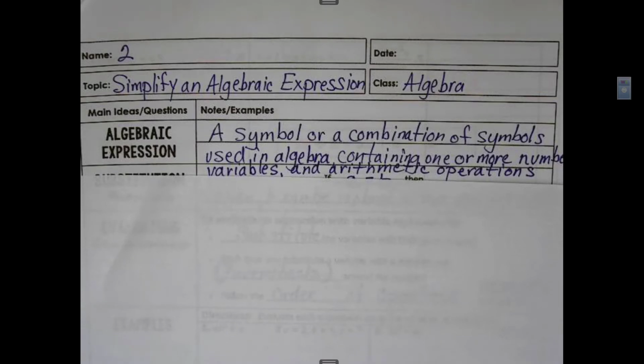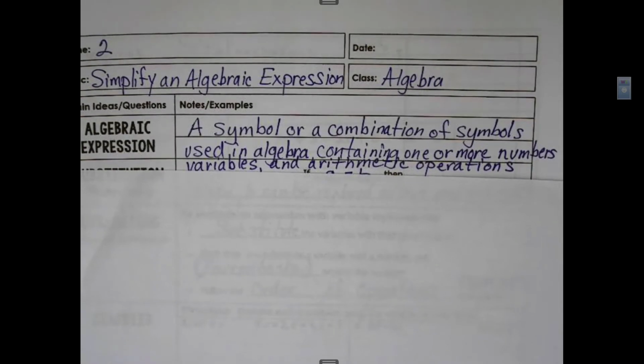It's probably going to take you more time to write it out, but it's a symbol or a combination of symbols used in algebra containing one or more numbers, variables, and arithmetic operations. Now, arithmetic operations means add or subtract. Now, when we're simplifying, we may have to do some multiplying, but that's how you separate terms in an expression, is by plus signs and minus signs.